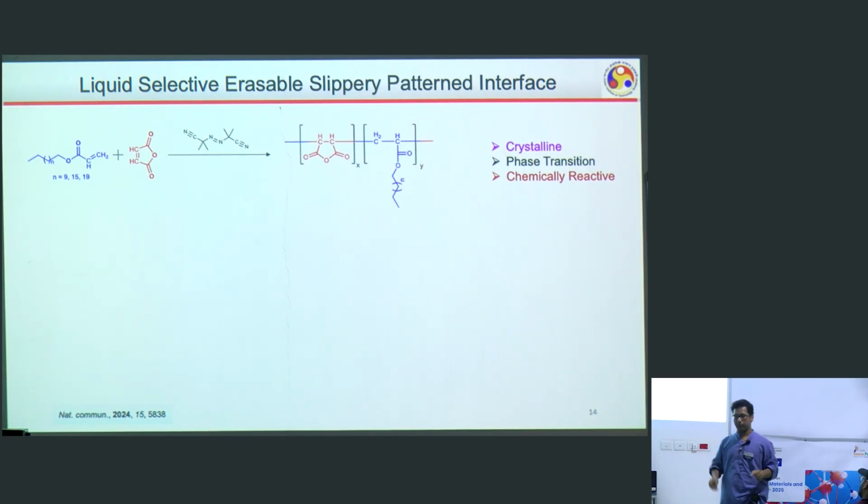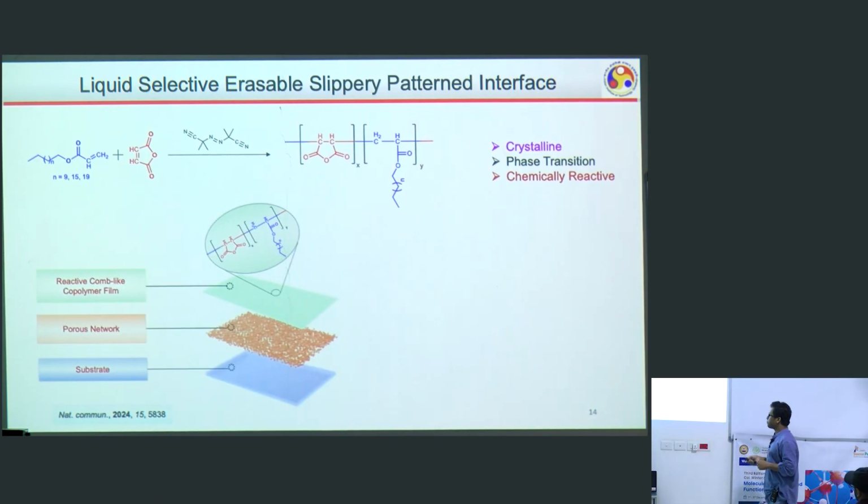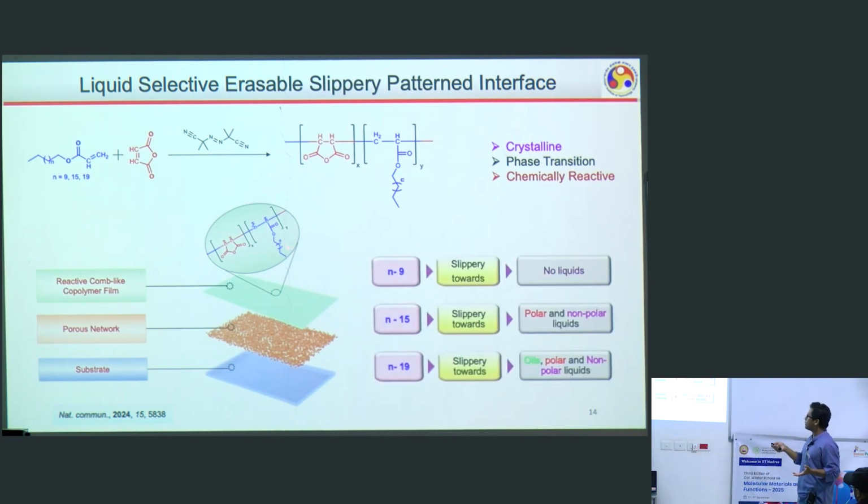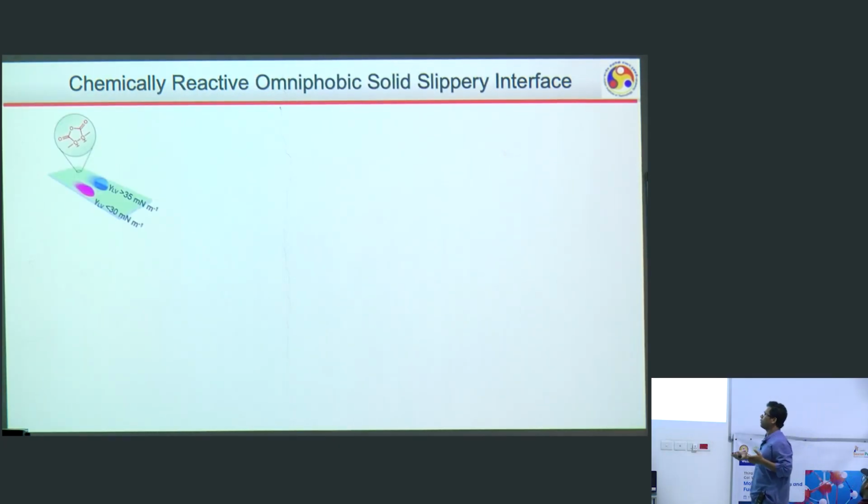It's a random polymer. Okay, now same thing, you have a substrate, you have a porous network, and then you infuse this polymer there. Okay, and depending on this carbon chain length, you can realize a slippery property against various sorts of liquids. Okay, as I discussed in the last part.